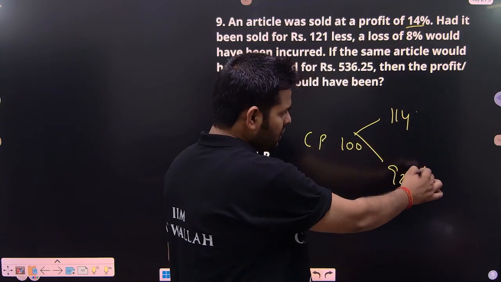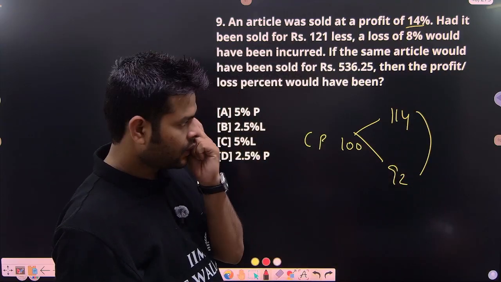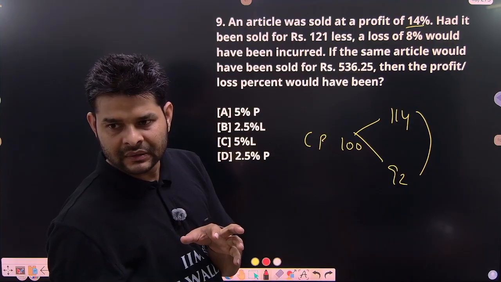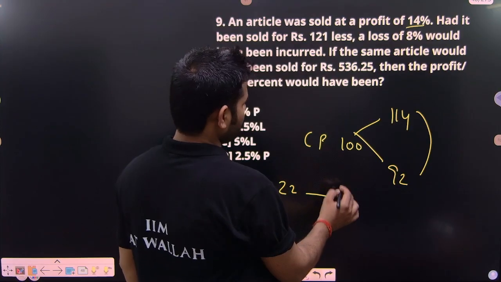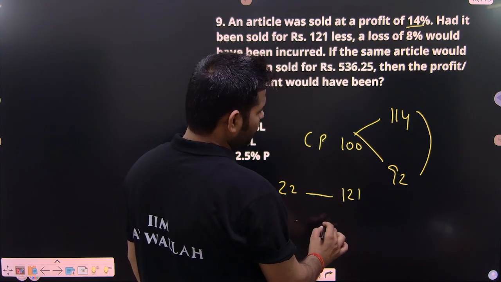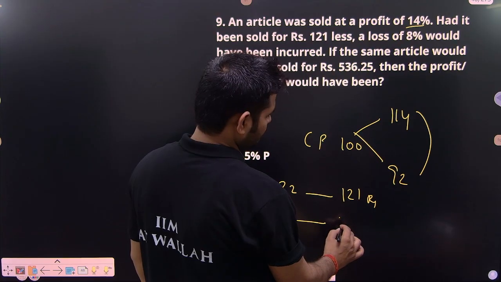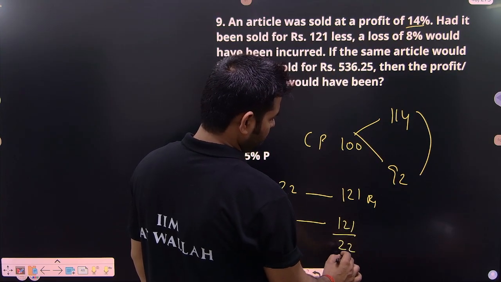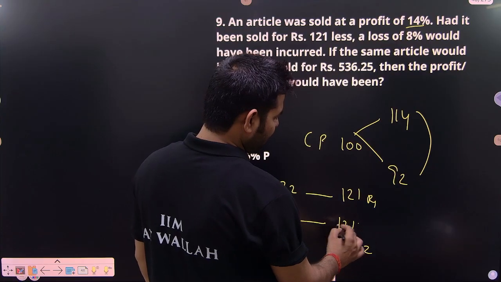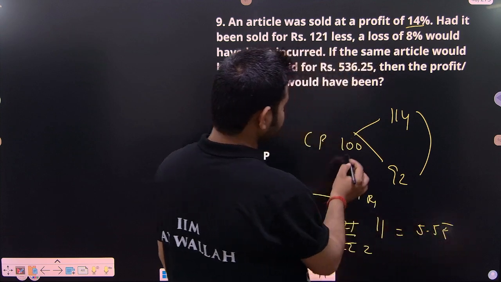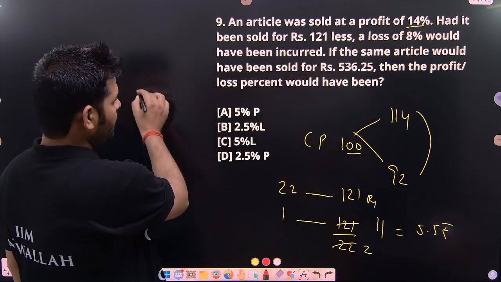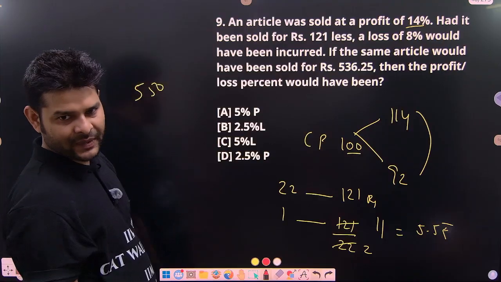So how much difference is going to occur here? 14 plus 8, 22. 22 is going to represent 121. 1 unit would be 121 by 22, that is 5.5. This is one value, 1 unit. So CP would be 550. This is our CP.